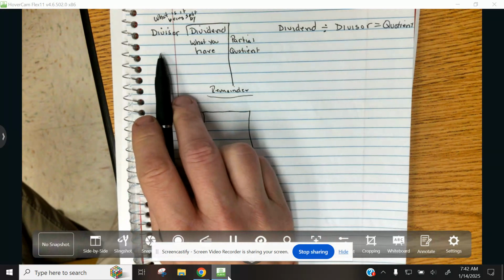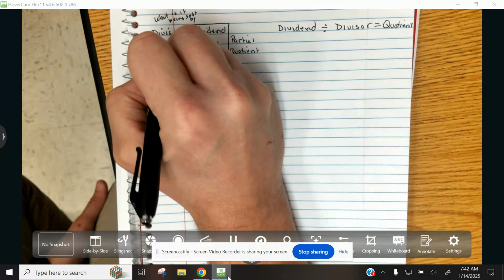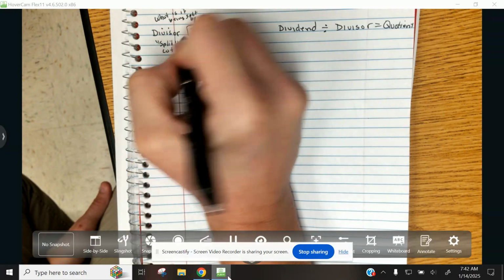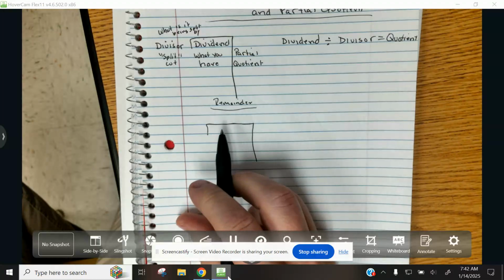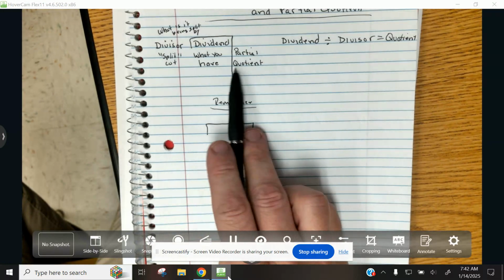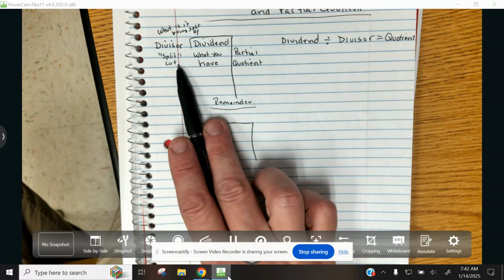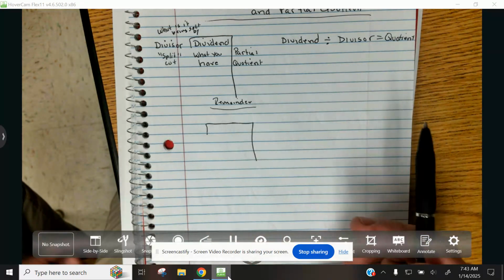The divisor is doing the splitting. Split, cut. He's the splitter. He's the cutter. He's the one dividing it up. So if I have 32 chocolate bars and I'm going to divide it by 3 of my students, that means I'm putting it in groups of 3. That's what a divisor does. And then your quotient is your answer.